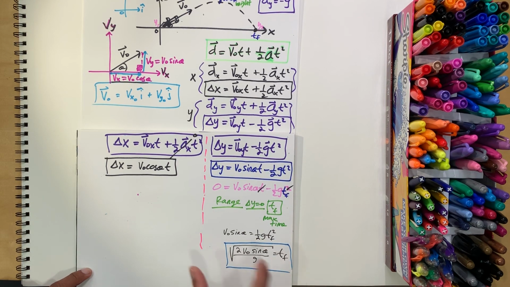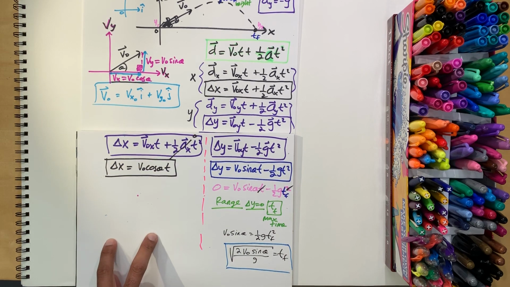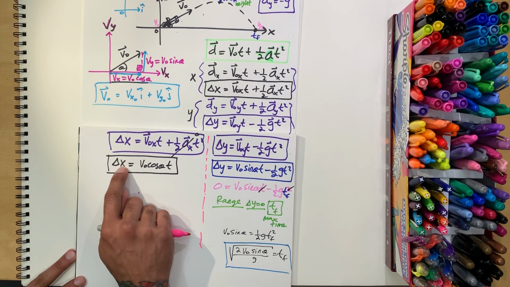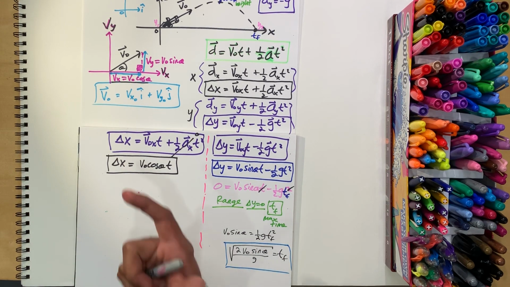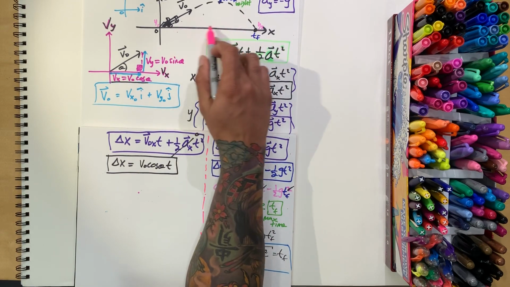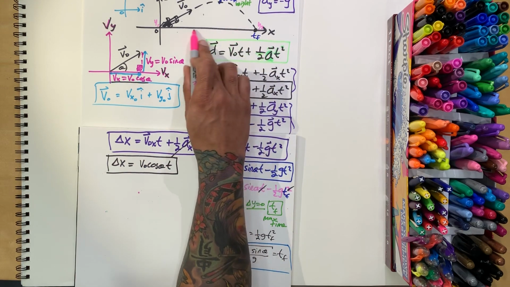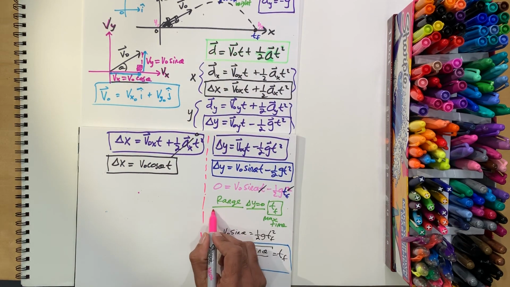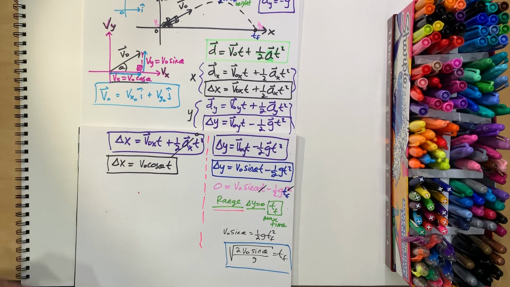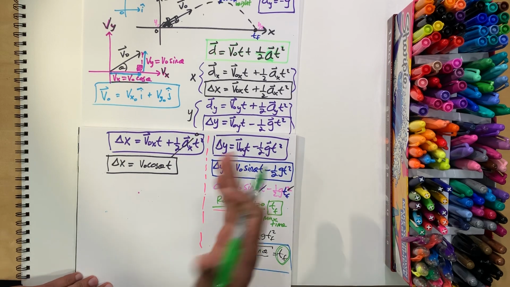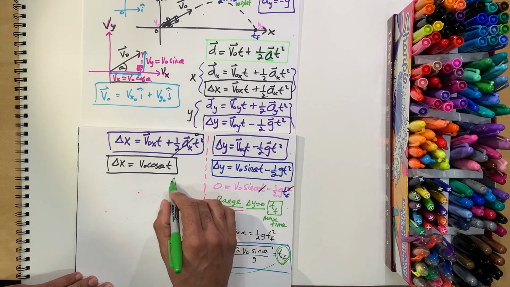Now, if we want to describe the range on this side, then this change in x must describe the range, not just a random x value. So x2 minus x1, x2 could be anywhere in here, but if we're talking about range, which is what we want to find, then it makes sense to plug in the t final, the maximum time that this thing is gonna spend in the flight and all the way back down, into here.